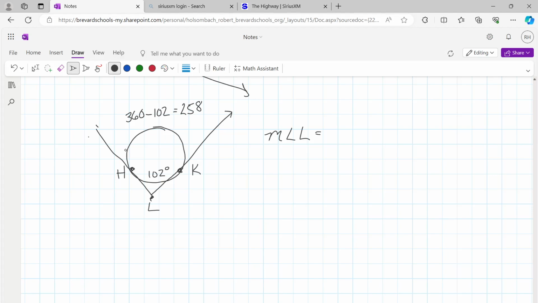So this big arc is 258. The little arc is 102. So the measure of angle L is equal to 1/2 of 258 minus 102. So take 258 minus the 102 equals and divided by 2. 78 degrees.